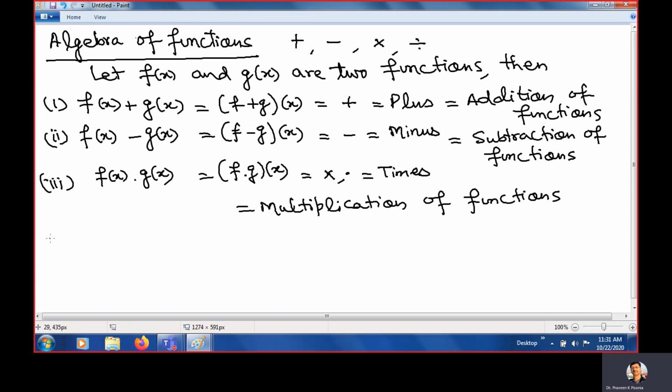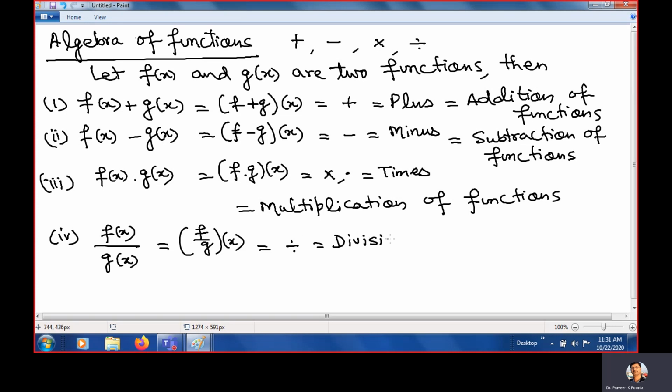Multiplication of functions. And the fourth one in this category is f(x) upon g(x), and f(x) upon g(x) is (f upon g)(x). What is this? Division. Clear? Divide. You can say this divide, and this is termed as division of functions.